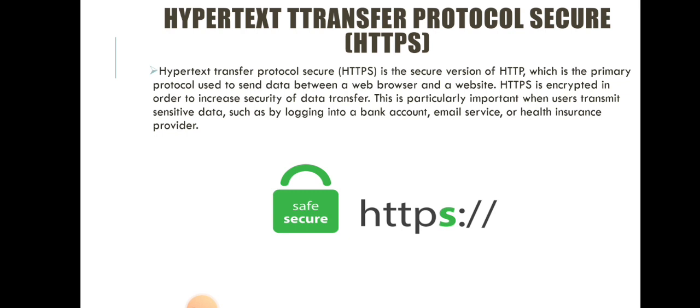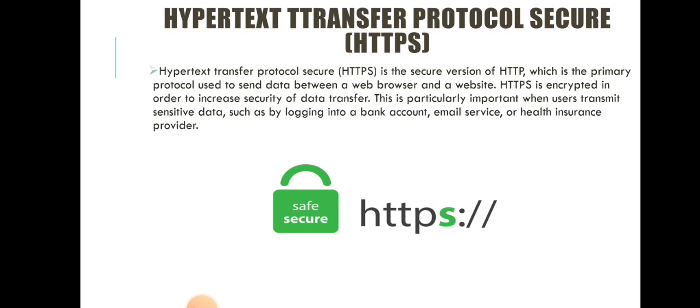Hypertext Transfer Protocol Secure, which is also known as HTTPS, is the primary protocol used to send data between a web browser and a website. HTTPS is encrypted in order to increase the security of data transfer.